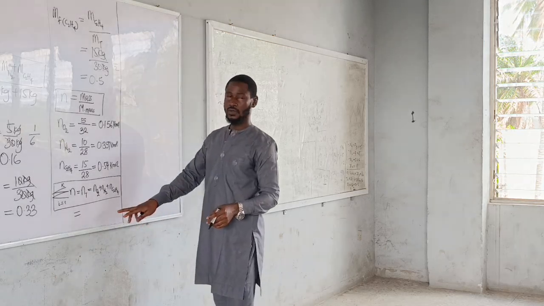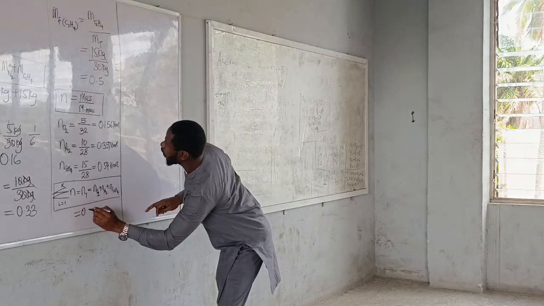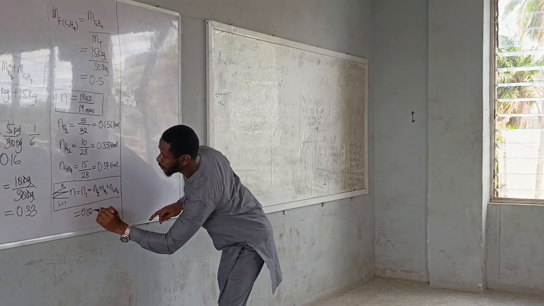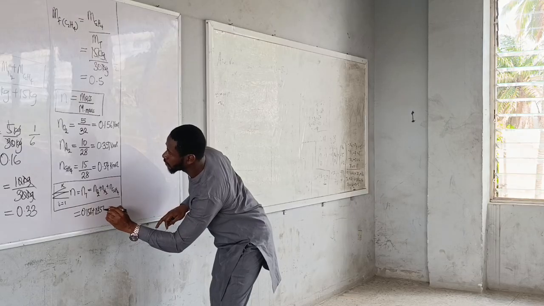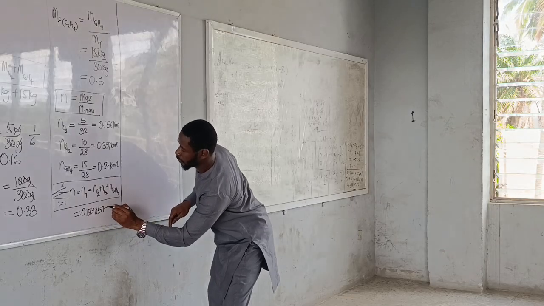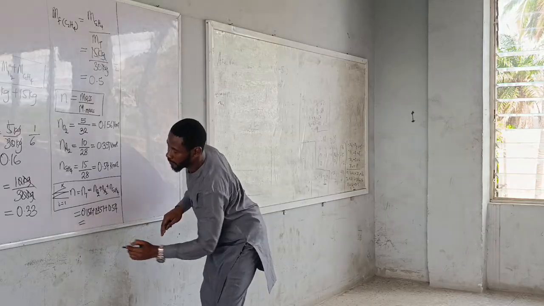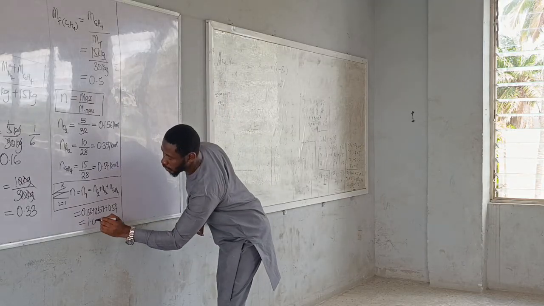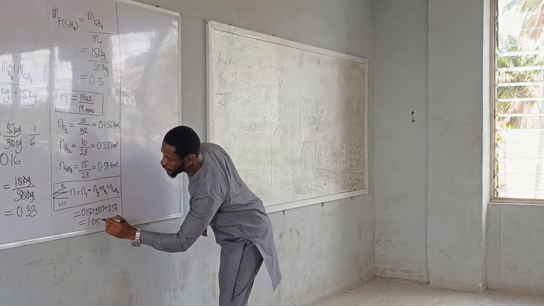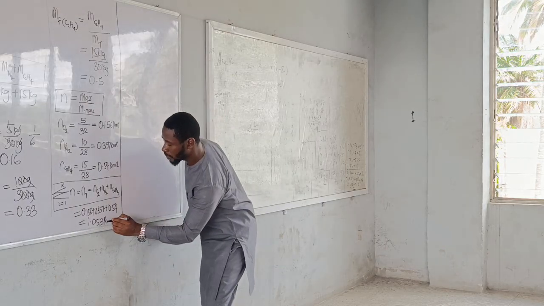Inserting the values, we have 0.156 plus 0.357 plus 0.54. The total value is 1.053 kilomole.